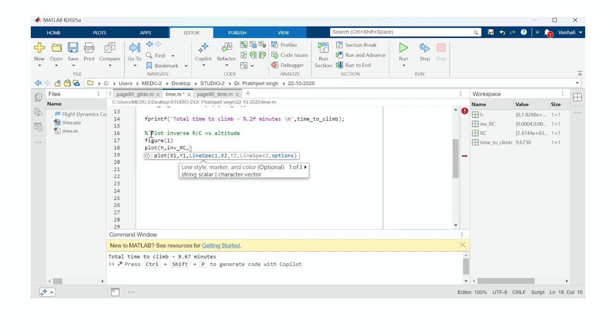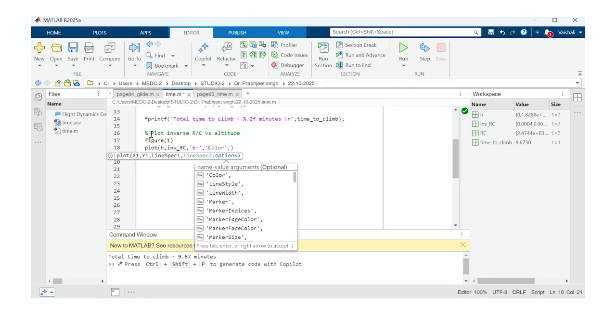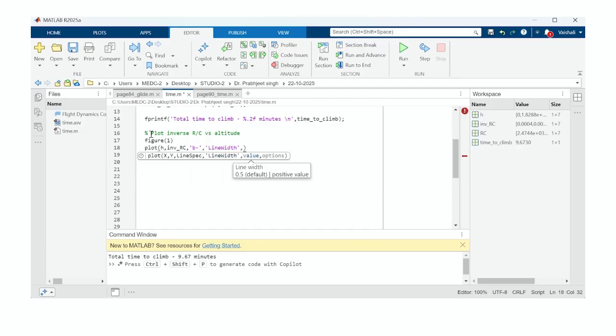Okay, and this is for color of the lines, B hyphen. Then what is the line width, or even in fact color we can mention. I'm preferring writing line width over here. So line width is 1.8.